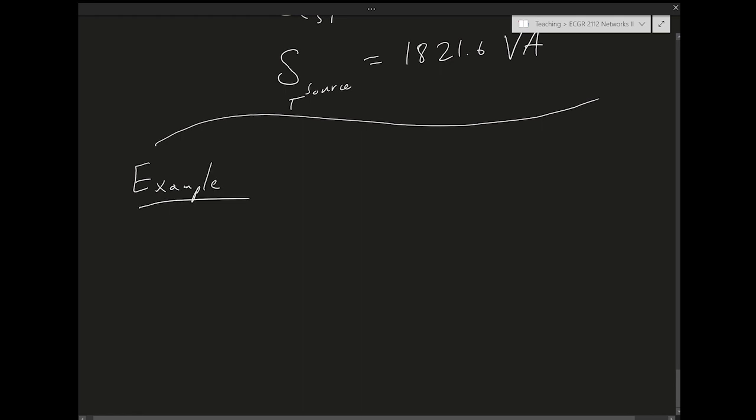So we have a three-phase source connected to three different three-phase loads, right? And this connection is in parallel.